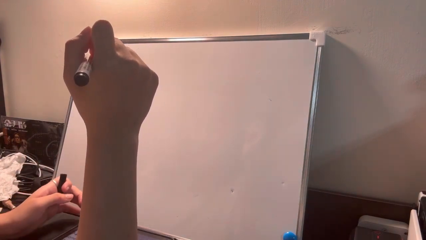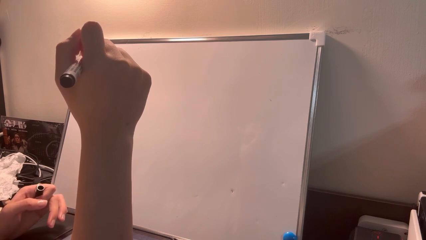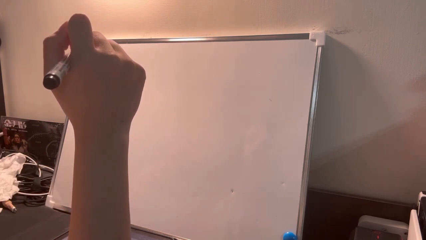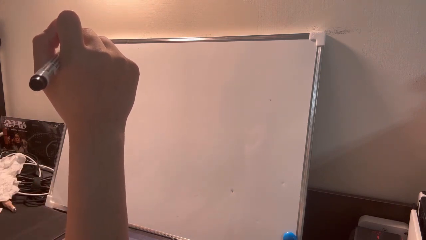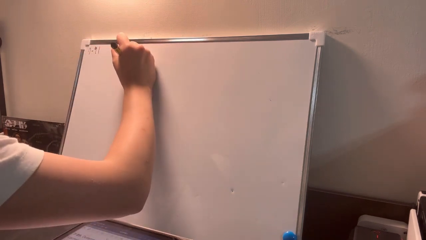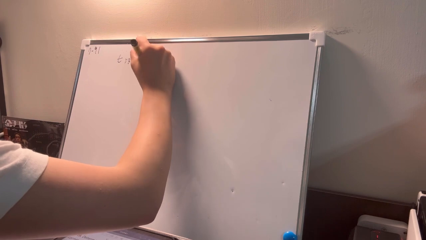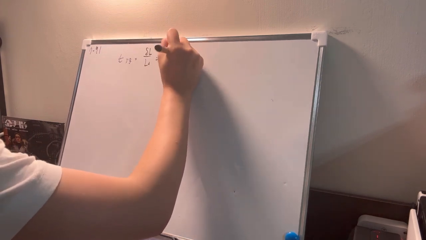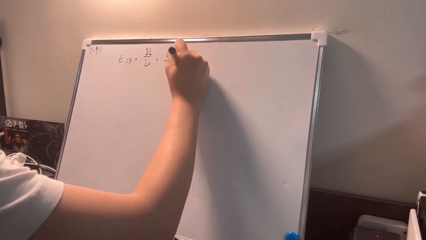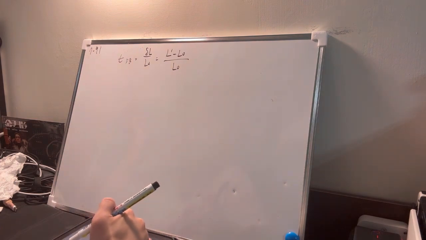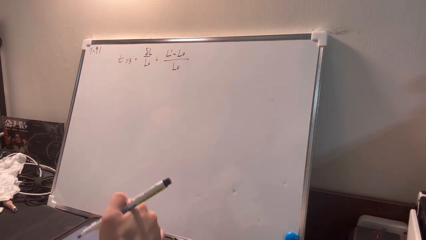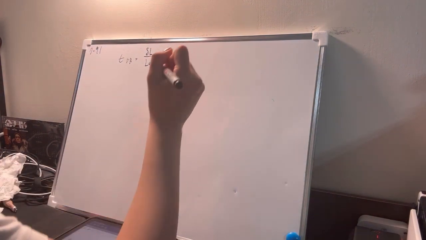And then the next question says determine the average normal strain that occurs along the diagonals AC and DB. So for DB here we use this function minus L0, because the length is all equal to 500 here.